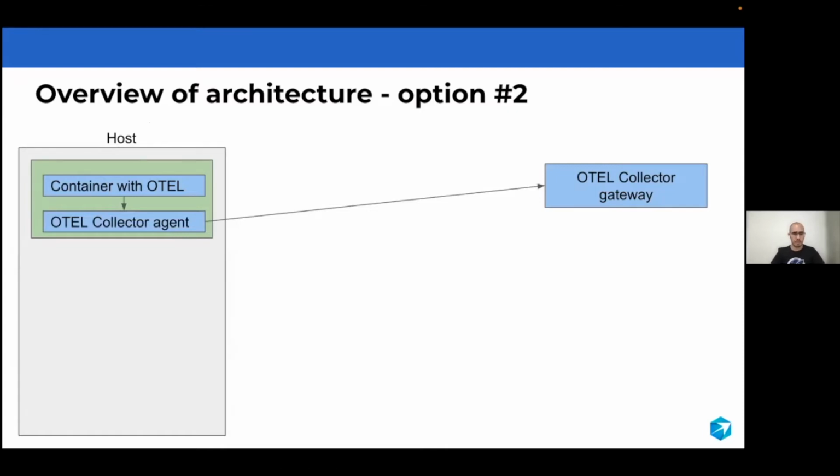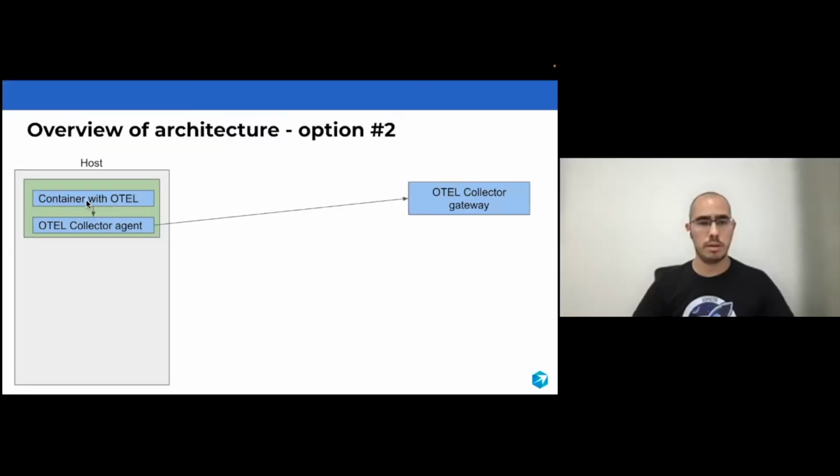The second option of deployment is that the OpenTelemetry SDK implemented in the container doesn't send it directly to the gateway, but rather sends it to an agent. What this is doing, it's creating a situation where if I have some bottleneck issues in my gateway, it won't affect the application layer, it will affect the agent.